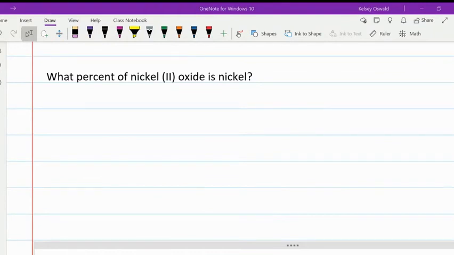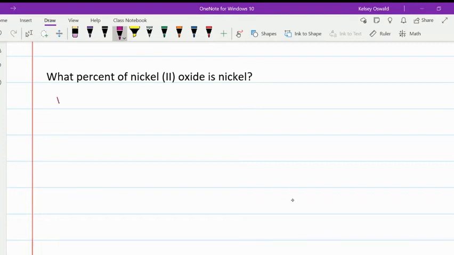Let's say we want to find what percent of nickel(II) oxide comes from nickel. Again, we're finding our percent composition, but we're really just focusing in on that nickel. Remember, a good first start for these is always to write your formula. We know it's an ionic compound because nickel is a metal. Nickel is a transition metal, but remember that the Roman numeral II tells us the charge of that nickel ion.